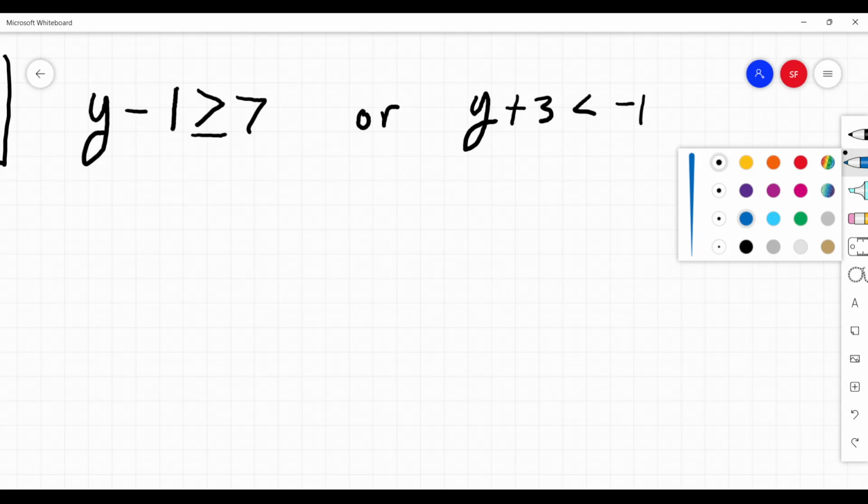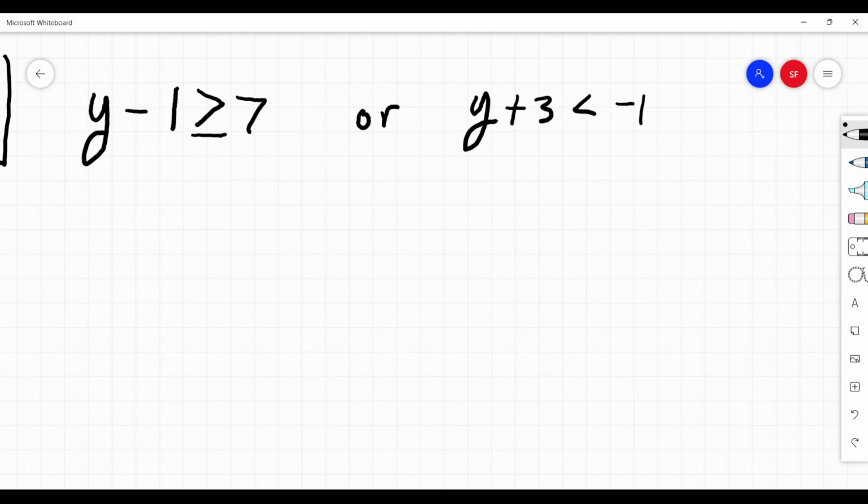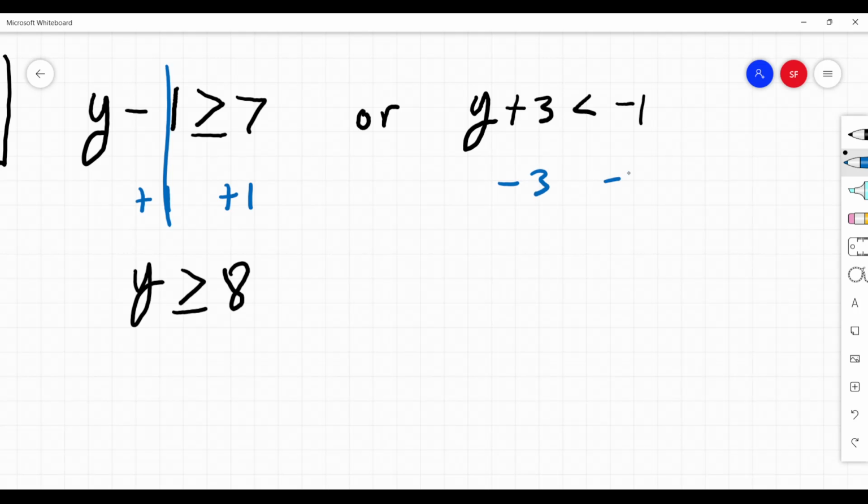Whichever one. For the one on the left, add 1 to both sides. There you go. Good catch. So y is greater than or equal to 8. And then for this other one, you subtract 3 from both sides.